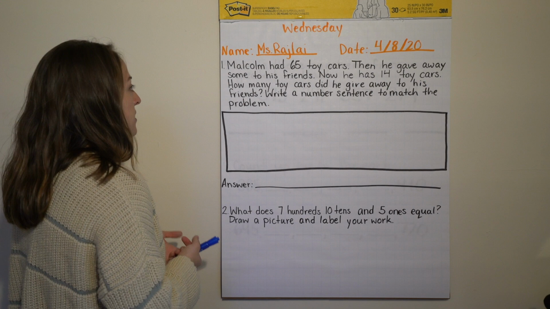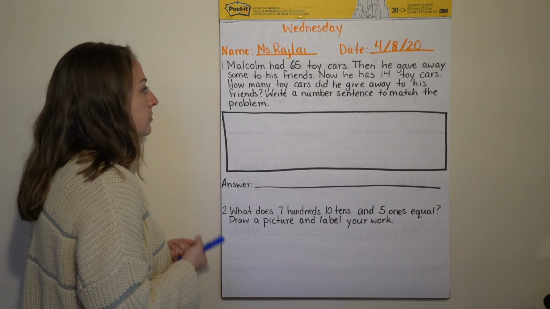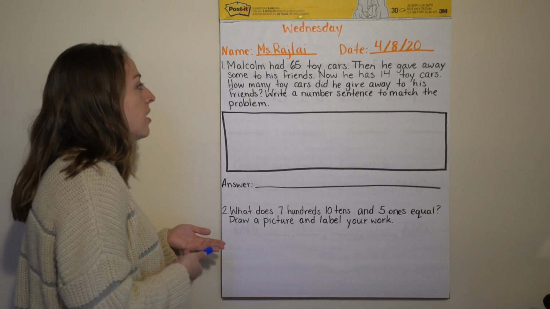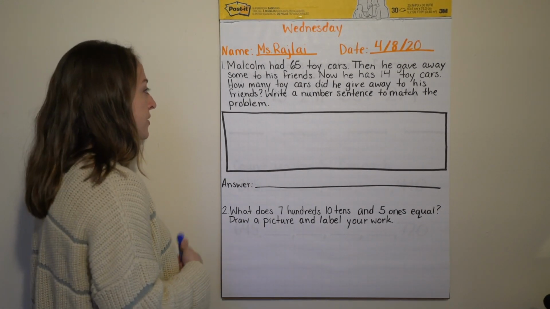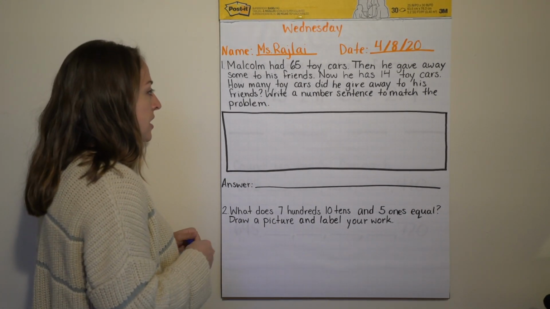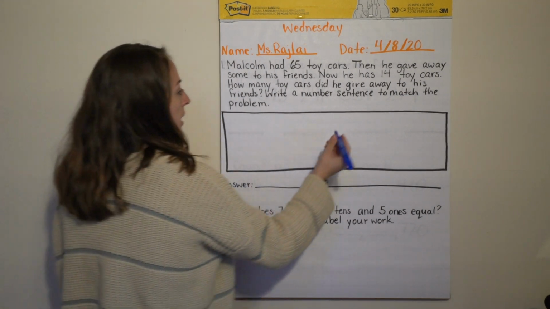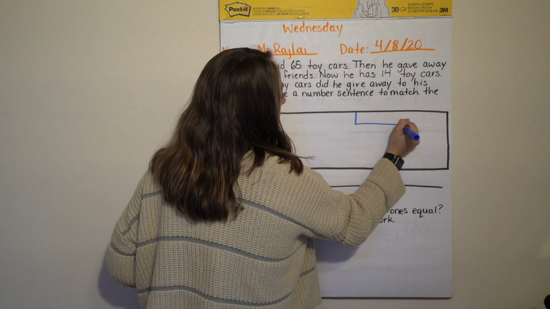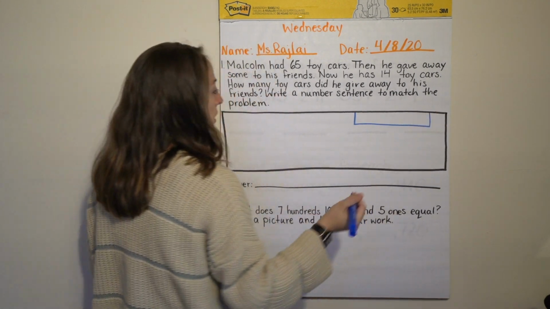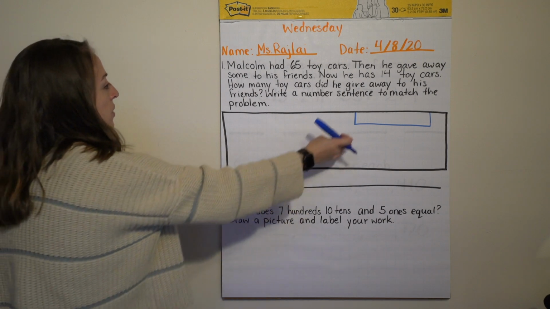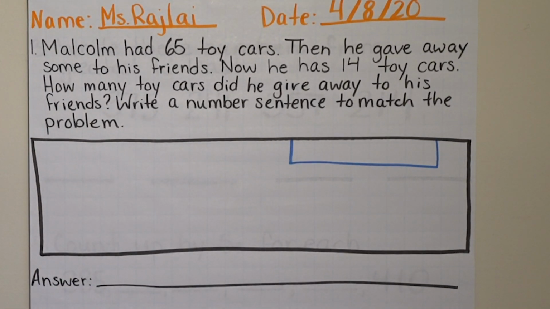Then he gave away some to his friends. Now he has 14 toy cars. How many toy cars did he give away to his friends? Write a number sentence to match the problem. So you're going to do a little box up here so you can write your number sentence. And I want you to read the sentence one by one so that you can figure out what you're going to do for your number sentence.